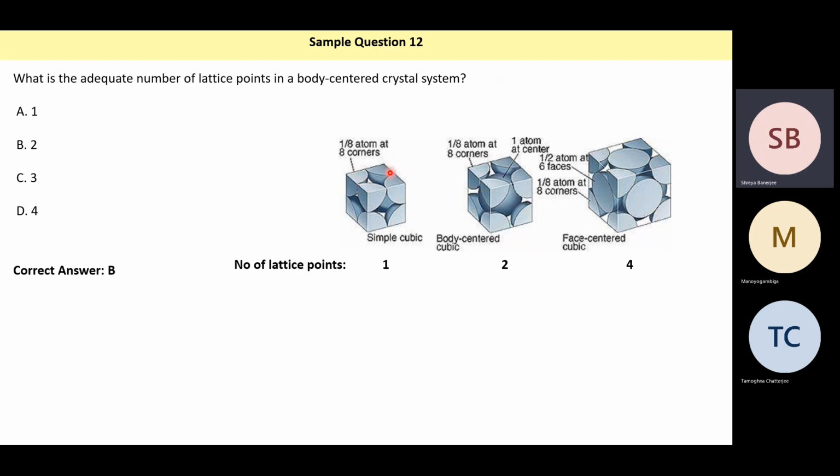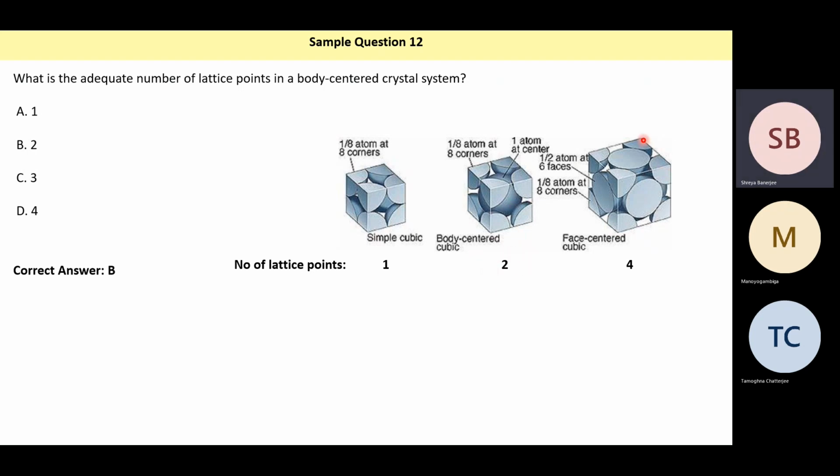So you have 8 lattice points and you have 1/8 of an atom at each of the 8 points. So 1/8 times 8 is 1. In a body-centered system, it is similar to cubic, but you have an extra lattice point at the middle. So it is 1/8 times 8 for the ones at the corners, so you get 1 from that and 1 in the center. So that will give you 2.